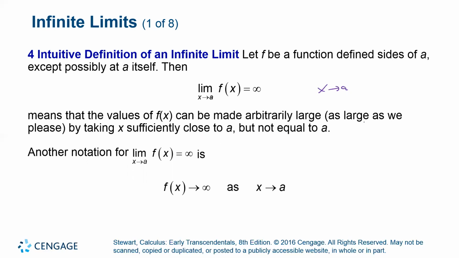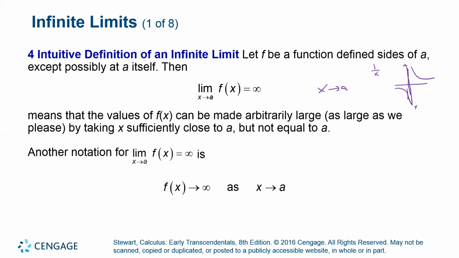For example, the graph that I showed you, for 1 over x. Here you see that the y-axis is your vertical asymptote.